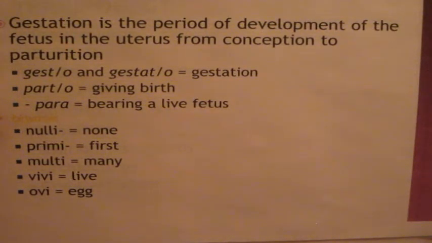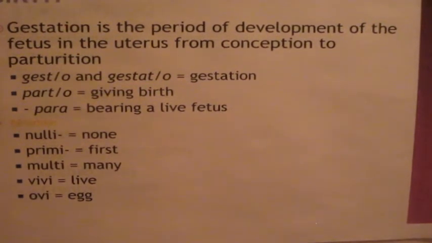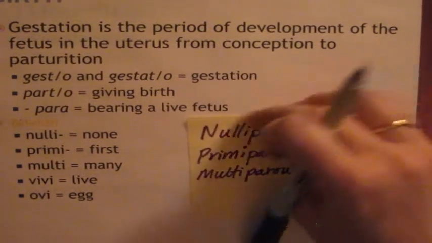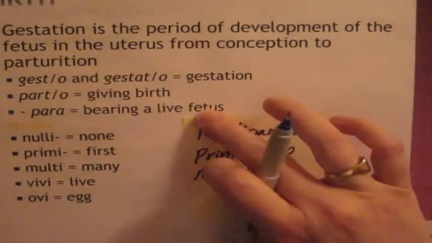Now we have all these prefixes. Nulli, which means none, primi means first, multi means many, vivi is live, and ovi means egg. Well, let's put those into words that actually mean something. So para: nulliparous, primiparous, multiparous.